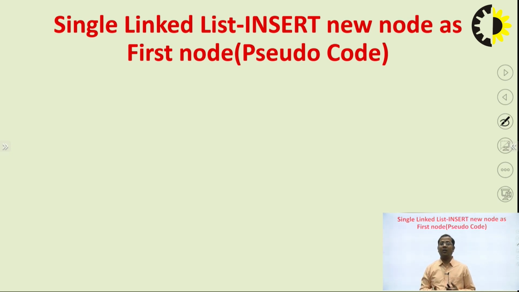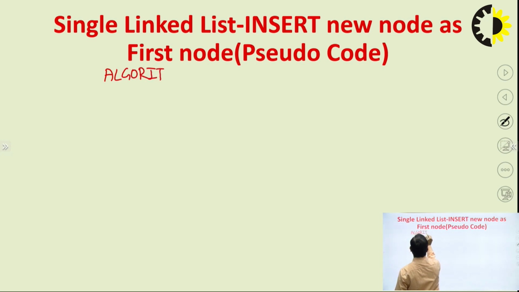Whether the list is empty or not, in both cases that code will work. Now we will understand the pseudocode of insert a node as a first node. Always write the function name in camel case.